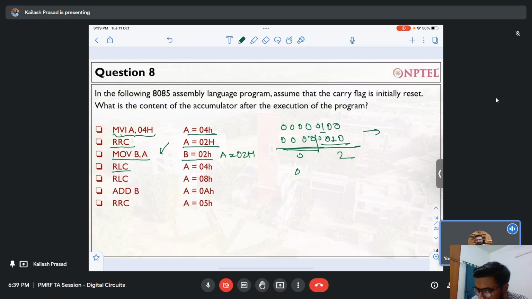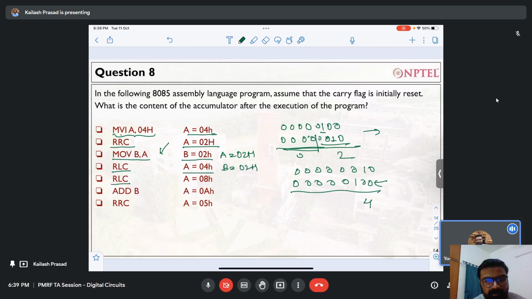So you write 0000 0010, do a left shift, and it will be 0000 0100. So it will again become 4, right? At this moment A has become 4. Please note that the value of B will just remain at 02.